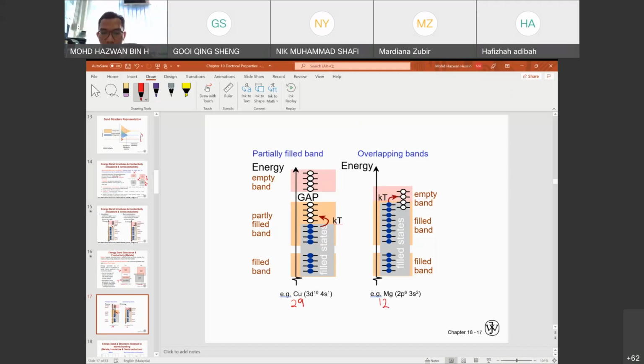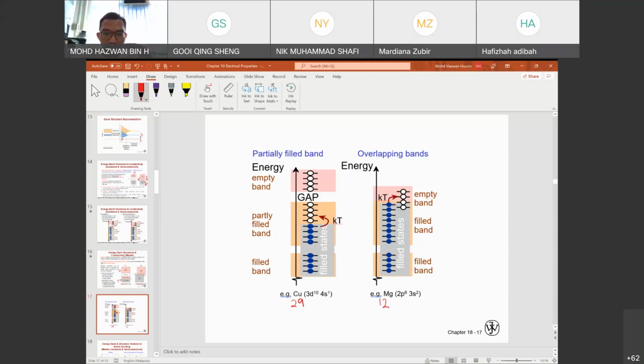the valence band, the outer band. You will have 3D10 and 4S1. So what does it mean by 4S1? You see, it is partially filled.